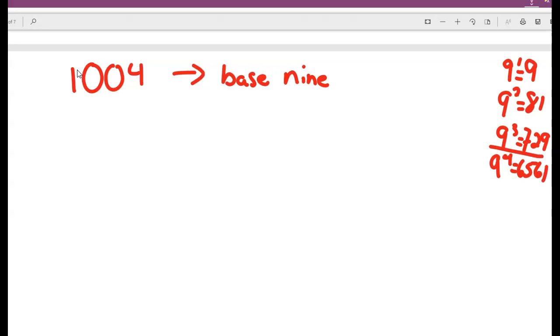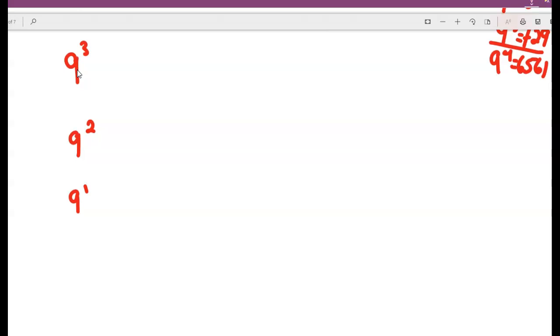So 9 to the third is our cutoff. So I'm going to come over here, 9 to the third, and then I will have a 9 squared, a 9 to the first, and we will also have a 9 to the 0. So you always start with your highest and go all the way down to 0 for your exponents.